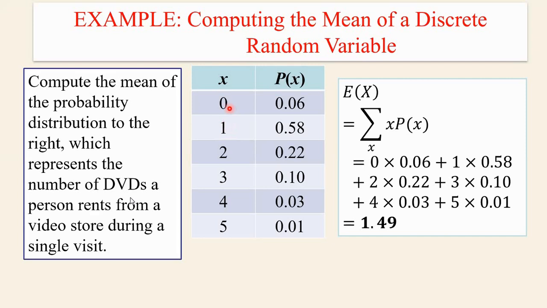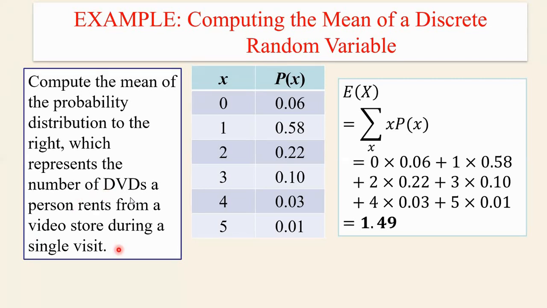Right. These are the corresponding probabilities. Suppose now 0.22 means there is a 22% chance that a person rents 2 DVDs during a single visit.